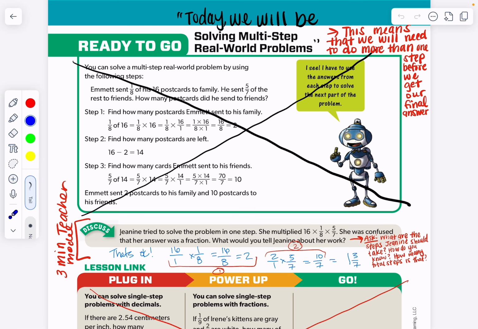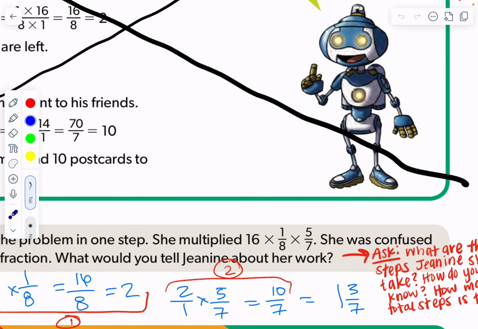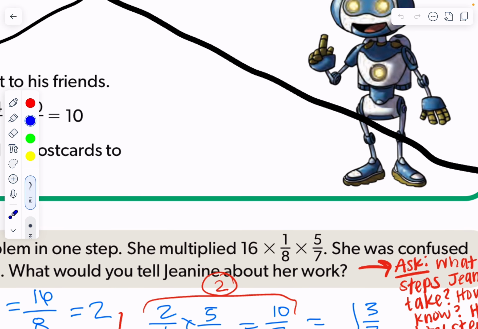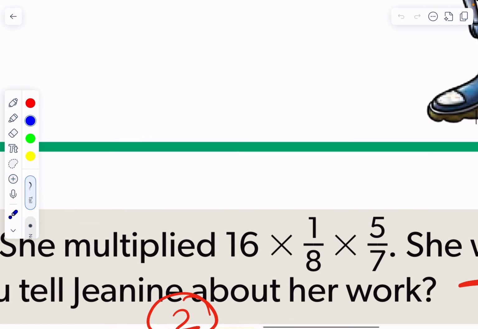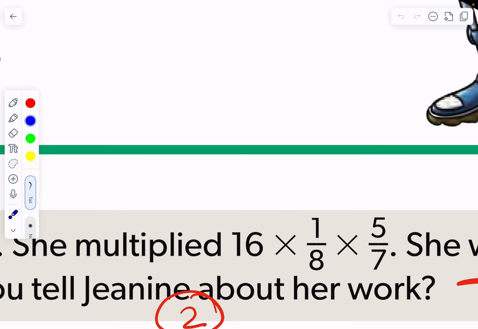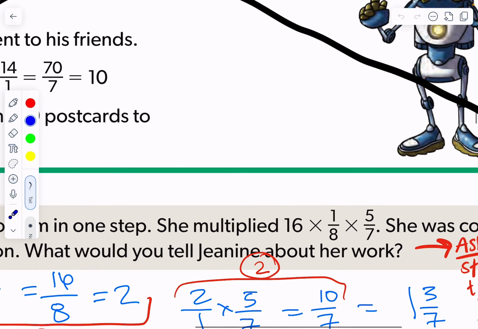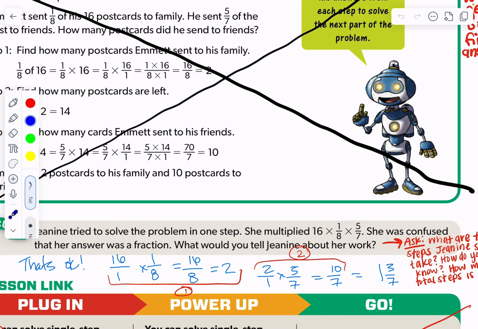And so you might even want to ask, if we are working on multi-step word problems today, where do we see evidence of multi-step word problems in this specific question? Students will say, well, we are working with the word problem. Okay, then where do we see evidence of having to use multiple steps?